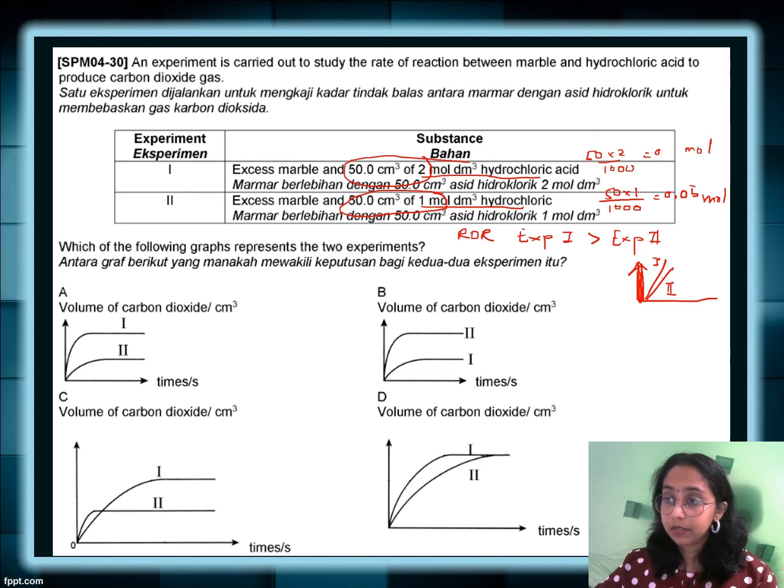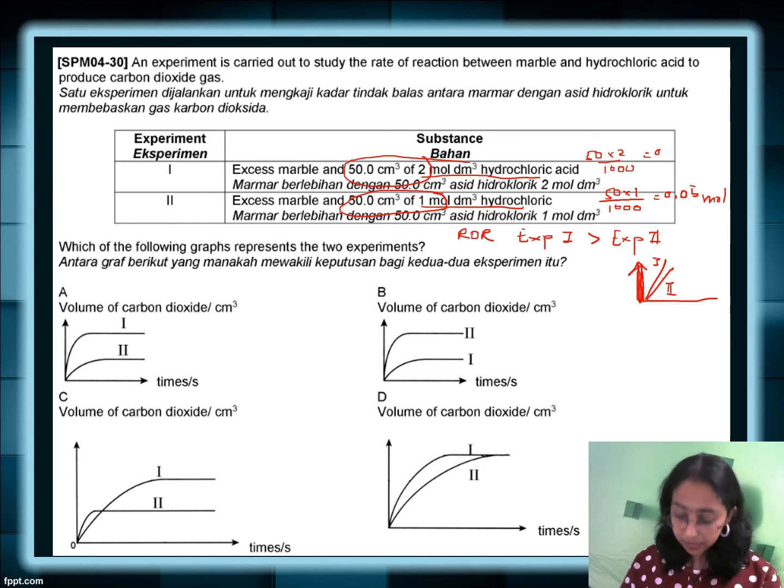I think here, press your calculator. Okay, you'll be getting about 0.01 mole. So that shows that the constant level for both are different. You will have two different constant levels. Who is higher?